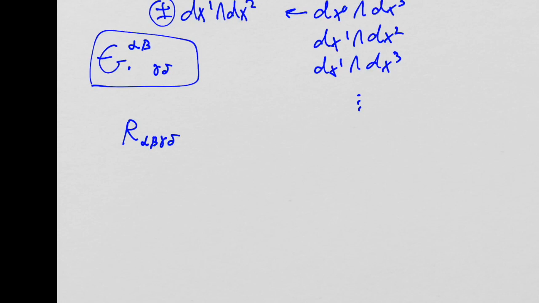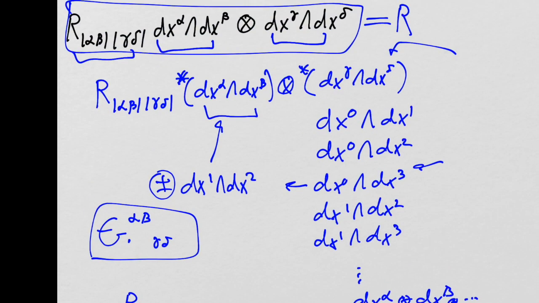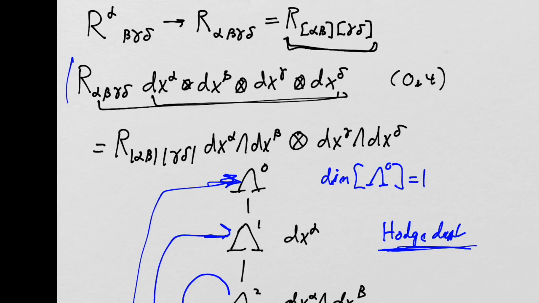And what we're going to do is take its double dual. So this guy is just a regular tensor in the regular old tensor product basis, dx alpha tensor product dx beta tensor product, etc., right? It's essentially this thing right here.